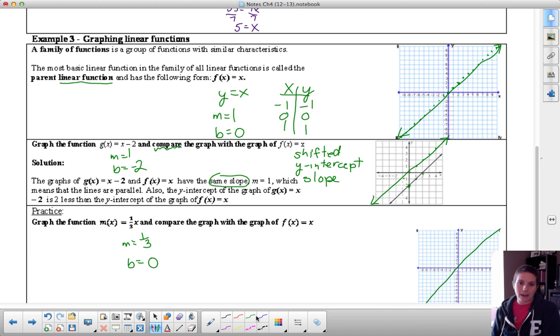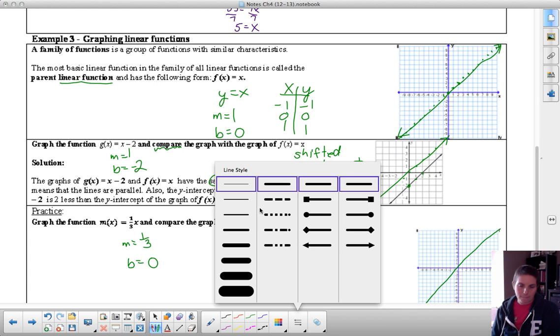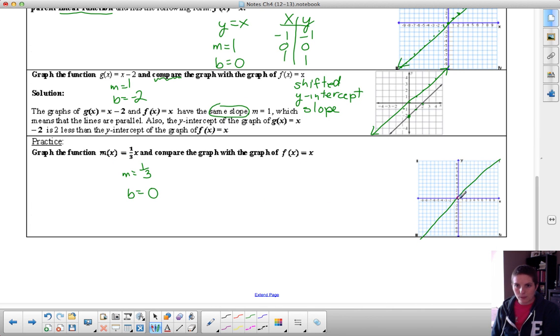And I'm going to put my Molly function in a different color. Again, you're going to make sure your points are in nice and clean, and you're using your straight edge to sketch your lines. So now we're in that compare section.